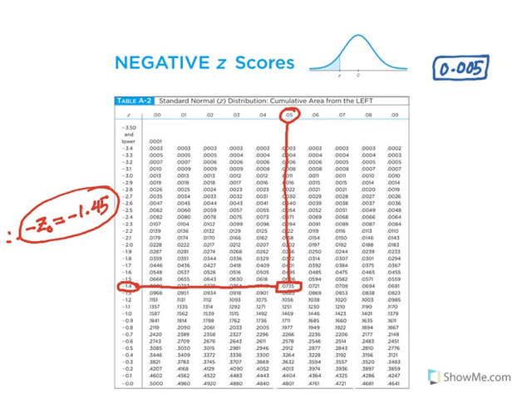If you look at the table carefully, you will see that we don't have the exact number. Remember there is a 0 after this. You can think of it like this, 0.0050. But you see here that I have 0.0051 and 0.0049. You know that this number is exactly in the middle between them.